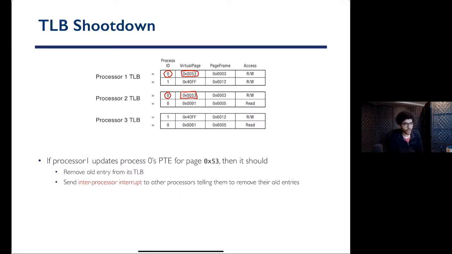Now let's say you're running your process right now on processor 1. So you're running P0 here. And for some reason, the operating system decides to reduce the permission or change the page table entry for this virtual page. So as we discussed, well, it goes to the page table.